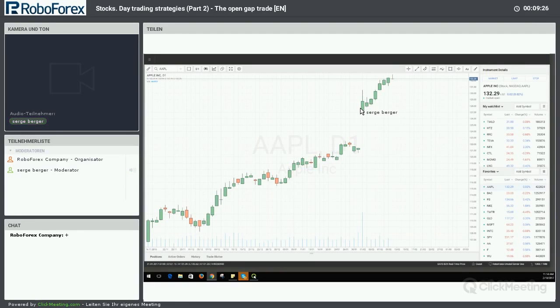So the other thing that people think when they look at gaps, a lot of people think that all gaps fill. Okay, so there's this misconception out there that all gaps tend to fill, which is to say that all gaps, either higher or lower, ultimately tend to fill this empty space.